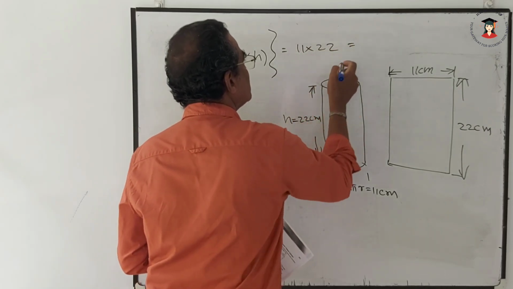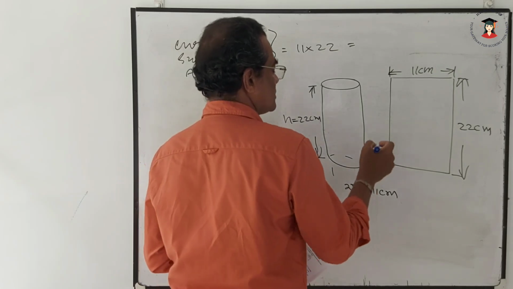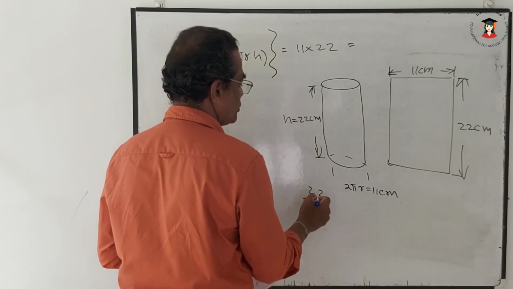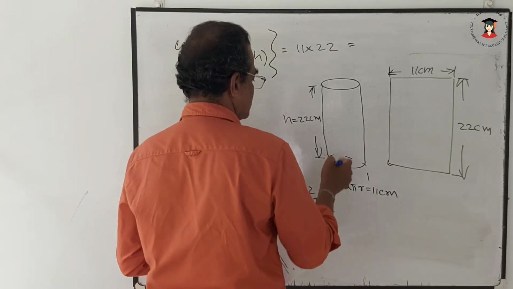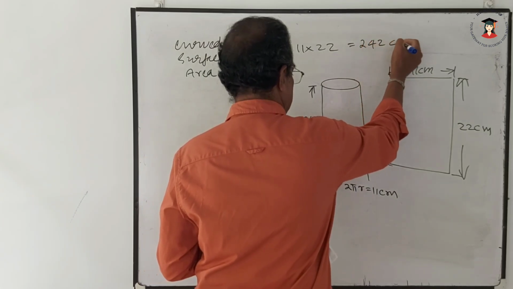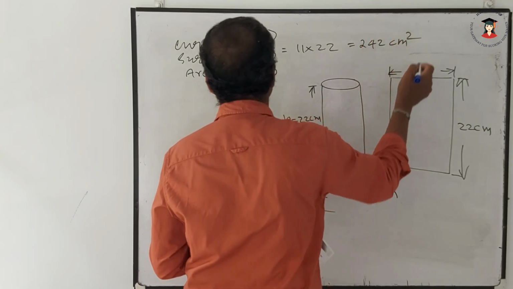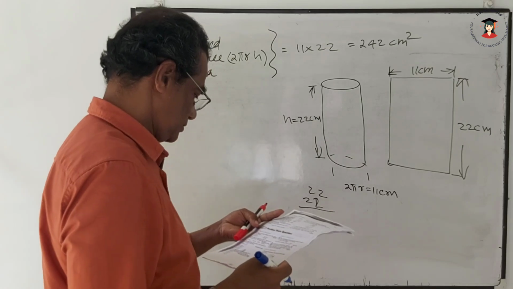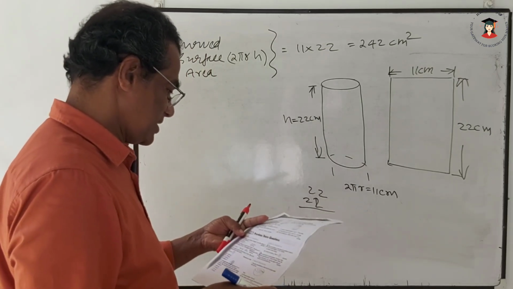So this will become 11 into 22, which means how much? 22 and 22, that is 242 centimeter square. Option D is the correct answer.